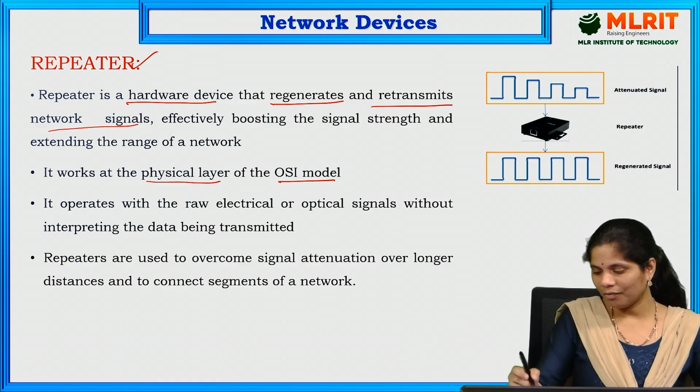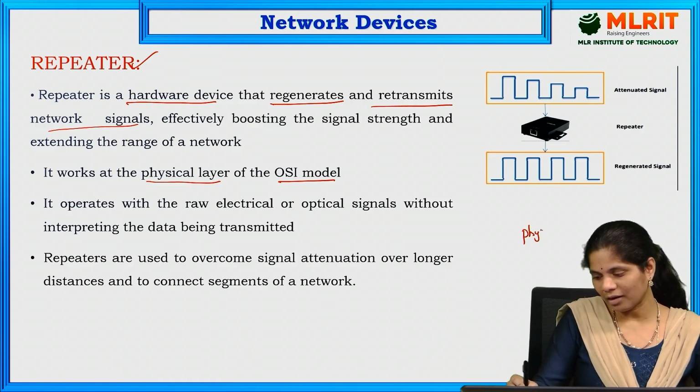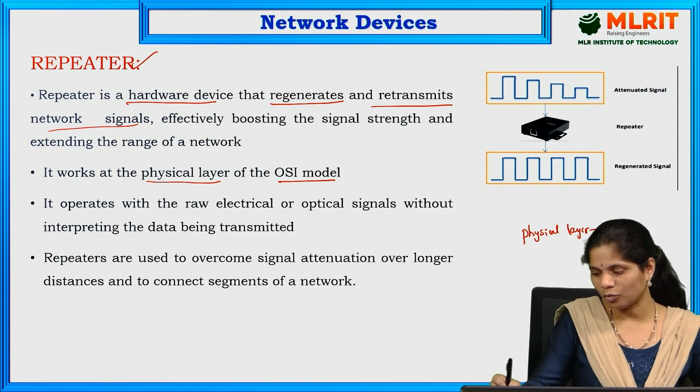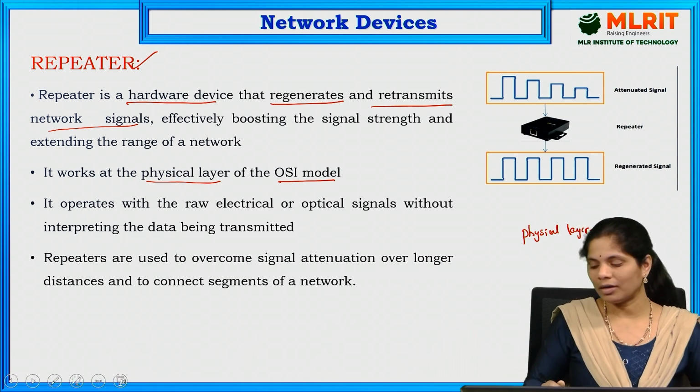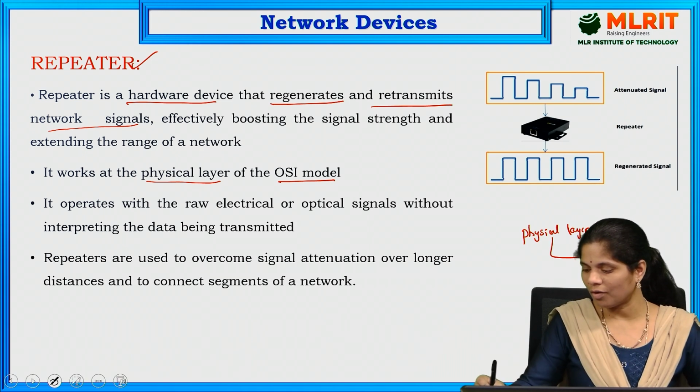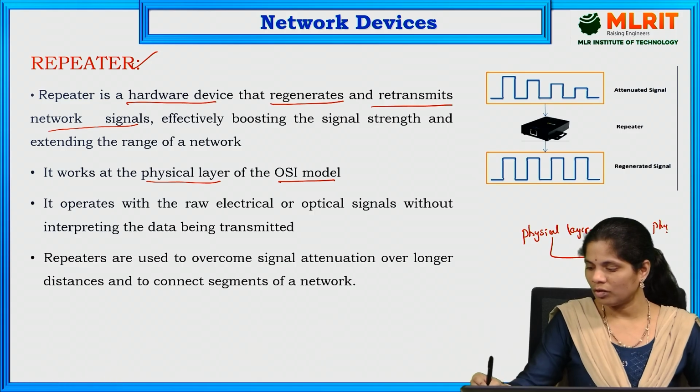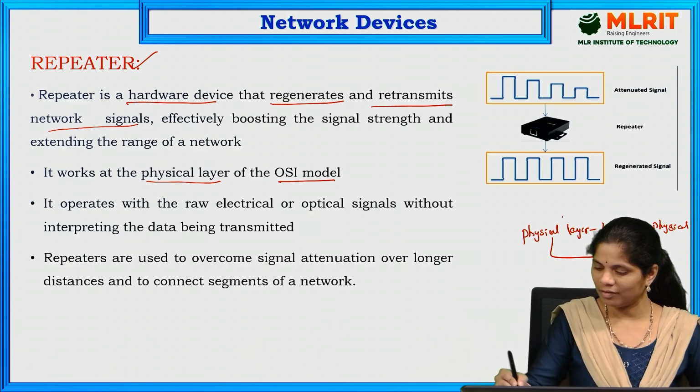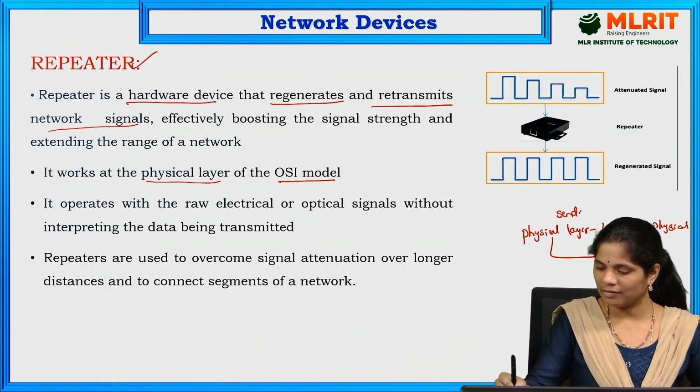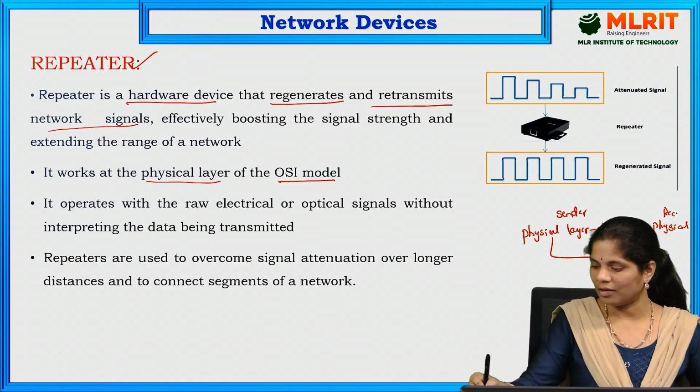Whatever data is there in the physical layer is in the form of bits only. This data is transferred in the form of signals to the receiver. Here is the sender side physical layer, and this is the receiver side physical layer.